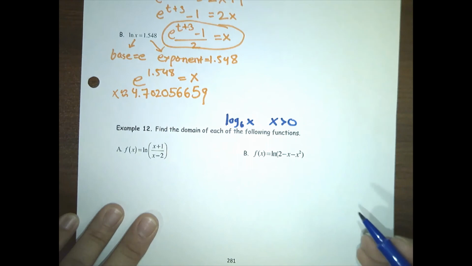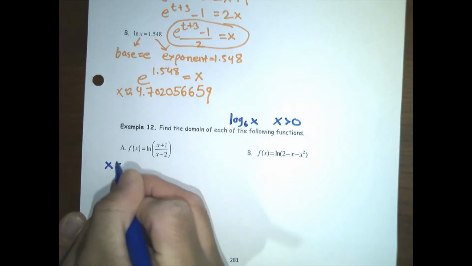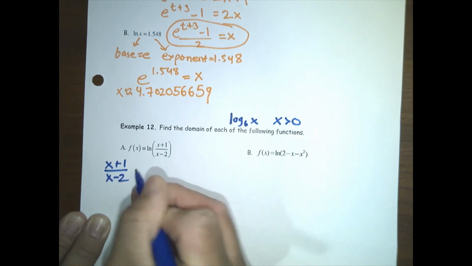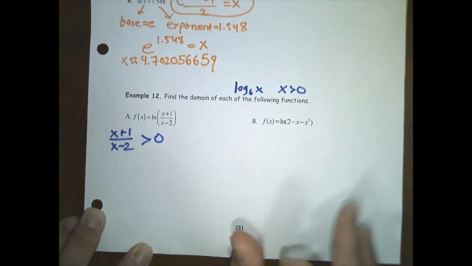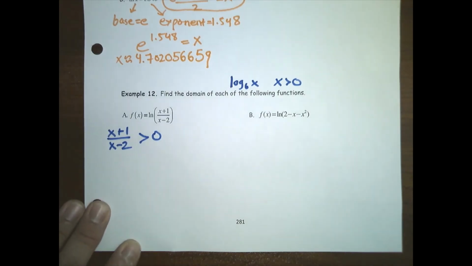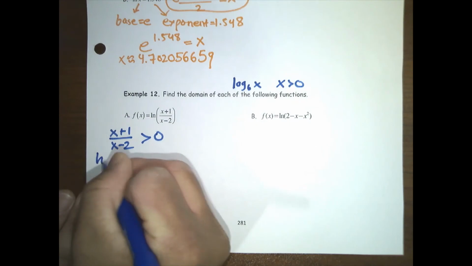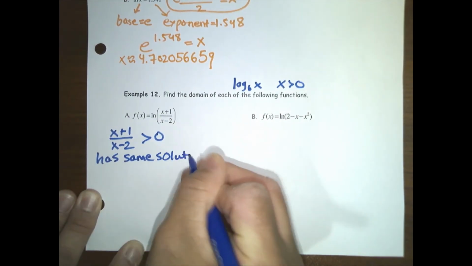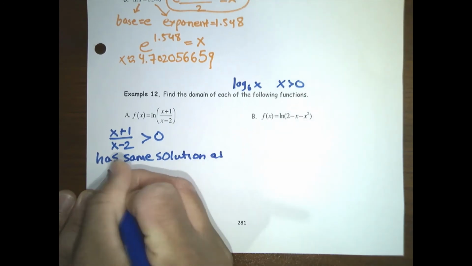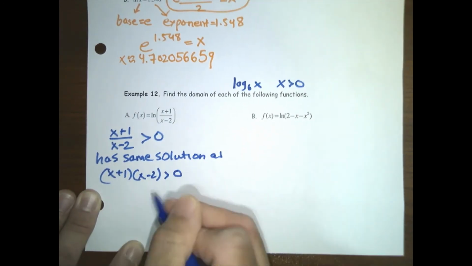So the argument always has to be greater than 0. So x plus 1 over x minus 2 has to be greater than 0. And I said from our past times solving these that this has the same solution as x plus 1 times x minus 2 greater than 0.